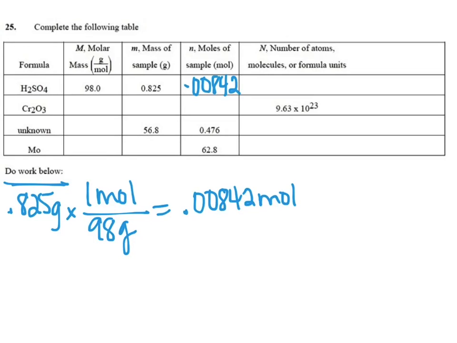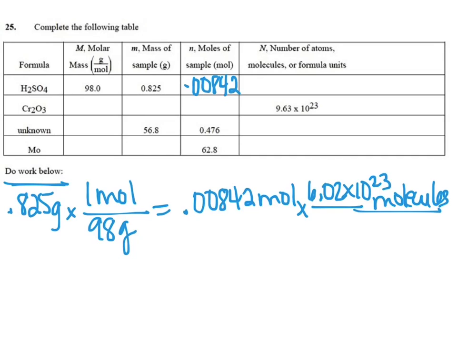Yes, Lauren? Okay, that's fine. And we're going to multiply this answer here by 6.02 times 10 to the 23rd molecules, and that is in 1 mole. And what do we get? 5.07 times 10 to the 21.